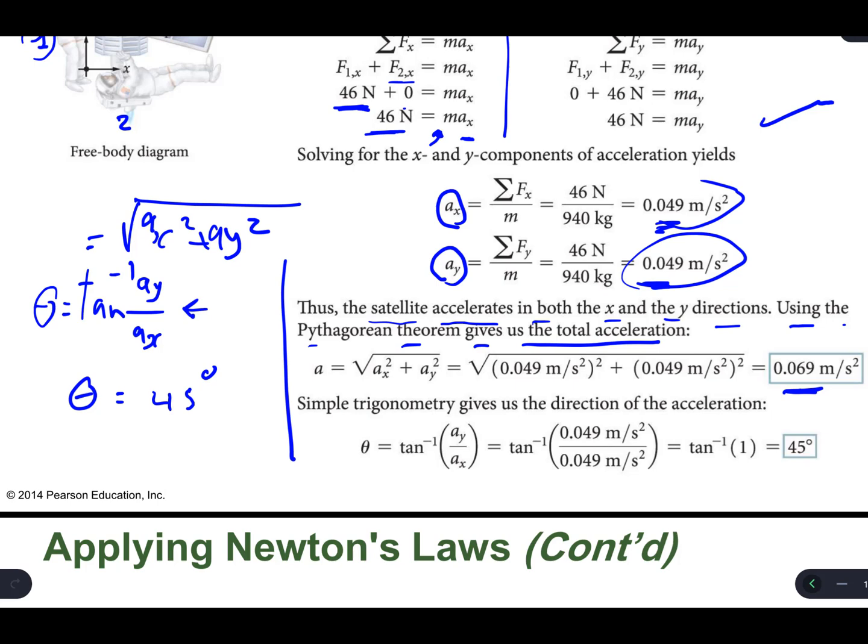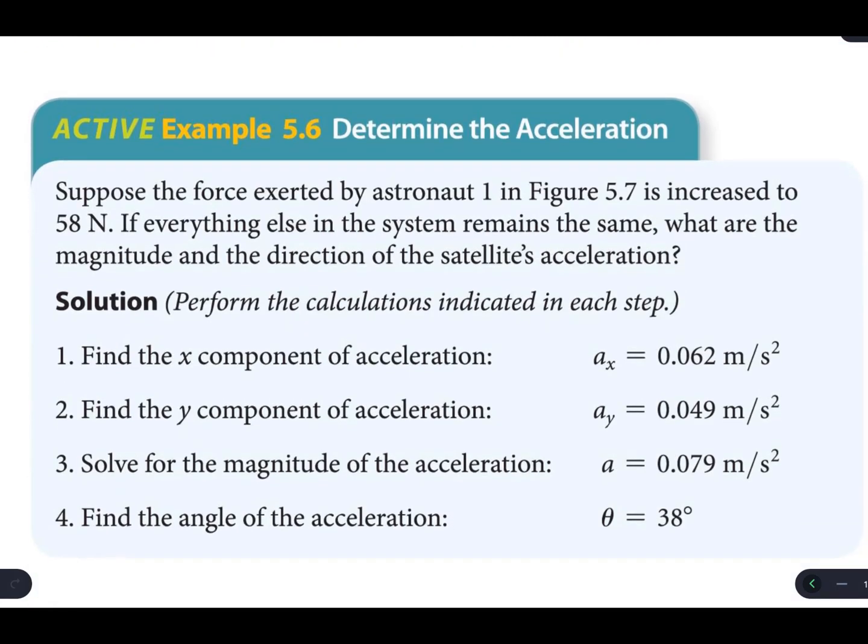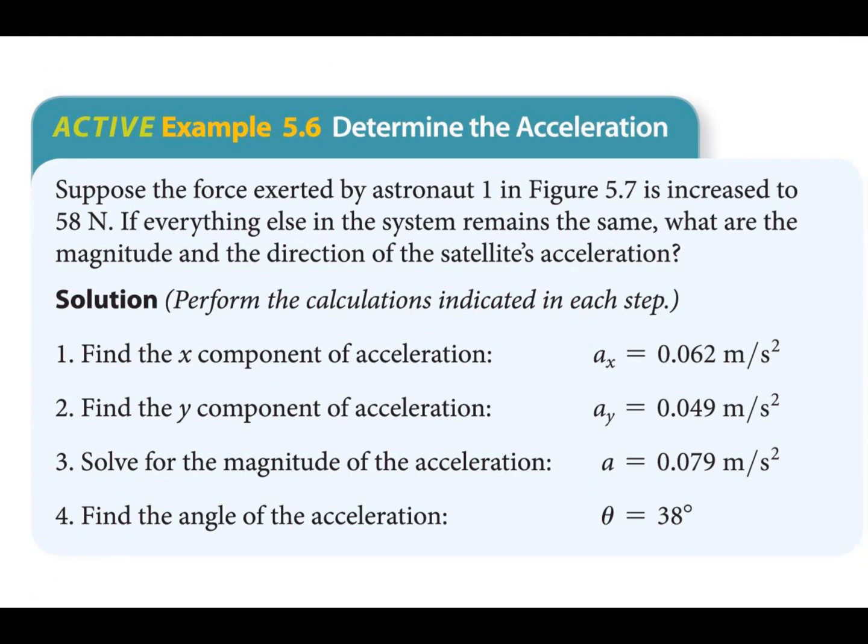We will deal with a lot of problems in exam view sheets, but let's see this problem together. Determine the acceleration. Suppose the force exerted by astronaut 1 in the figure, the same figure that we studied, is increased to 58. If everything else in the system remains the same, what are the magnitude and the direction of the satellite's acceleration?